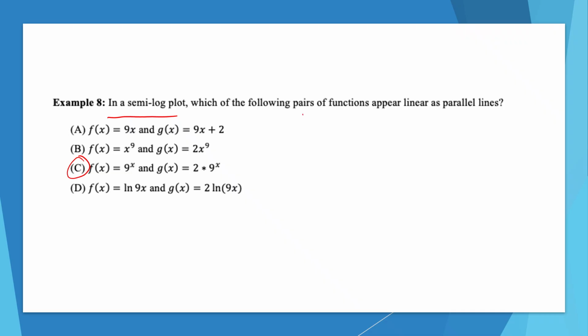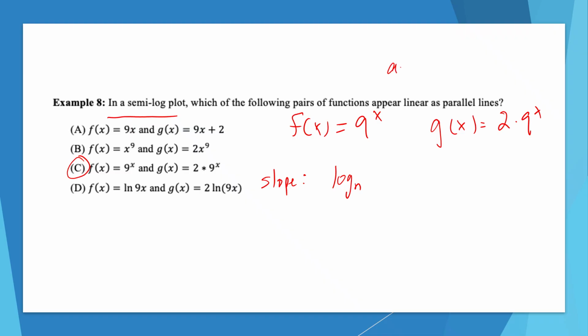However, let's take a look at those two functions: f of x equals 9 to the power of x, and g of x equals 2 times 9 to the power of x. What is our slope for each of those? Because if they appear linear as parallel lines, they should have the same slope. Our slope here is going to be log base n, whatever our scaling factor is, and our b value in this exponential function is just going to be 9.